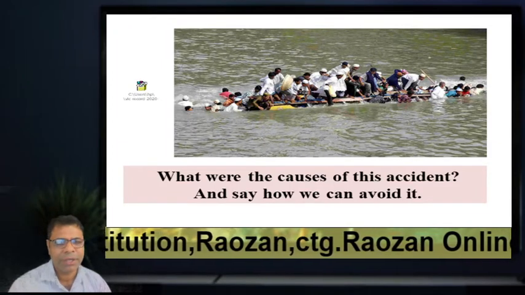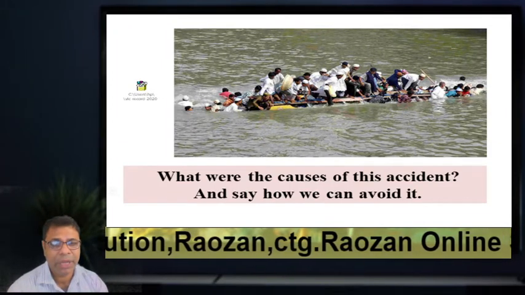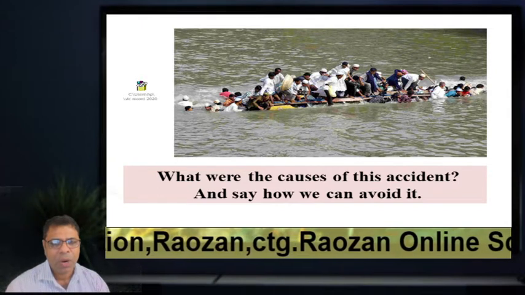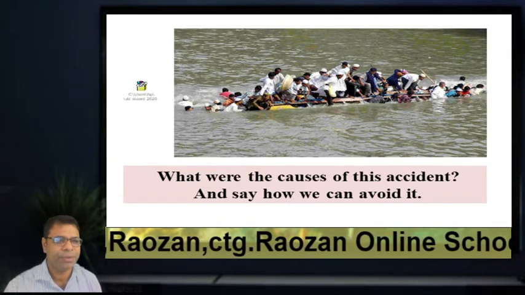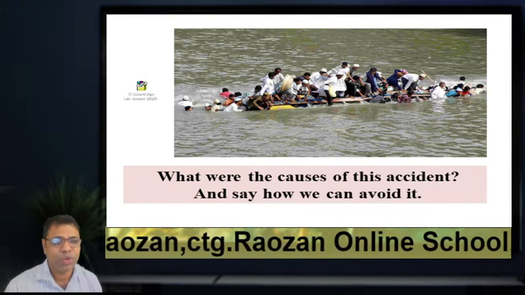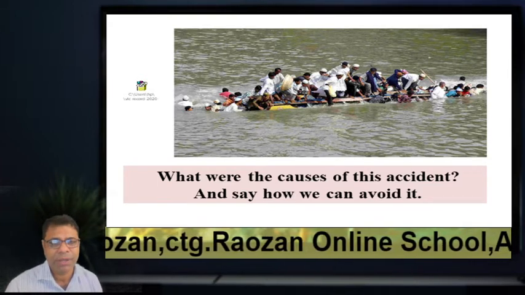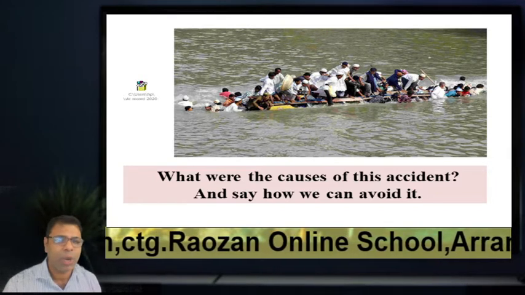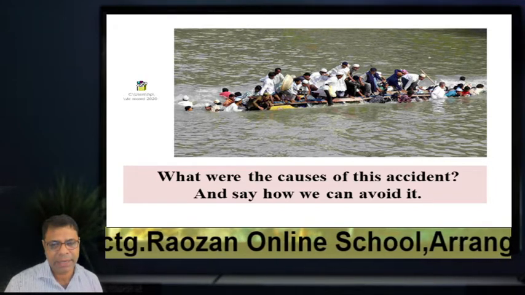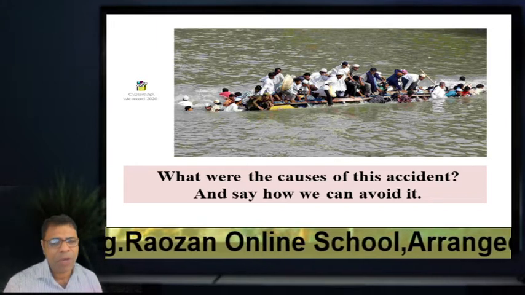Okay, dear students, now think, what were the causes of this accident? Yes, too many people. The reason is that too many people were on the boat, and that is why there was a great accident. And say, how can we avoid it?